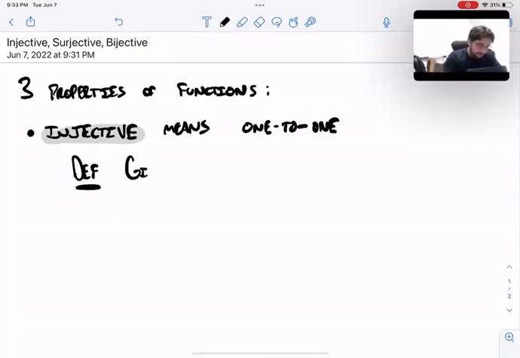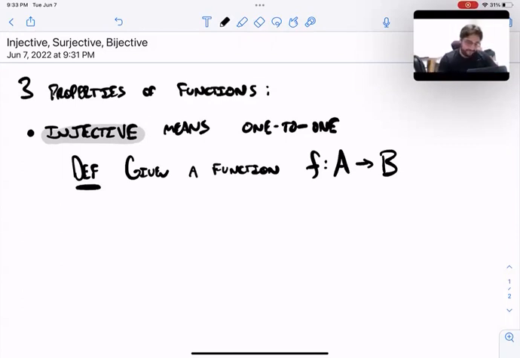So given a function f with domain A and codomain B, we say f is injective, or one-to-one, however you want to call it, right?